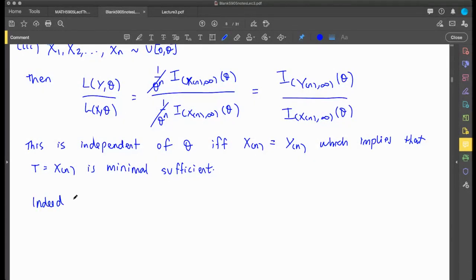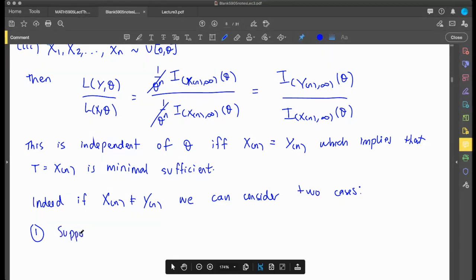Indeed, if these two values, the nth order statistic of x and y, were different, we can consider two cases, right? The maximum of my x sample is bigger than y, or vice versa. I'll just do one case and leave the other case for you guys to consider, and it follows a similar strategy.